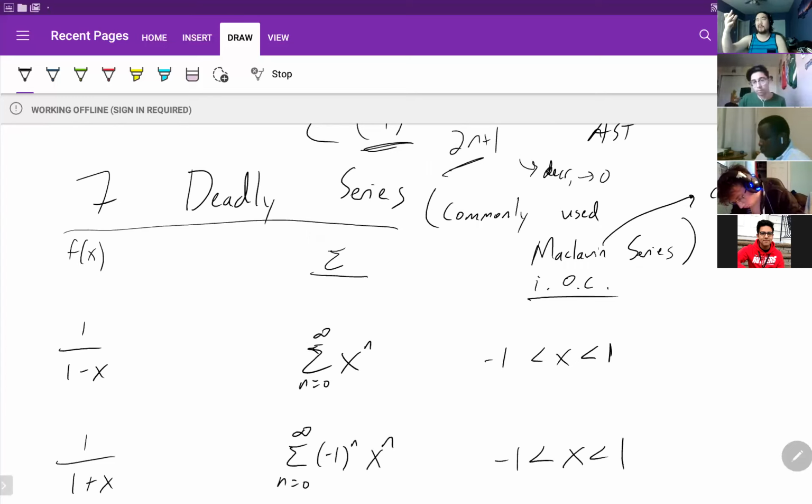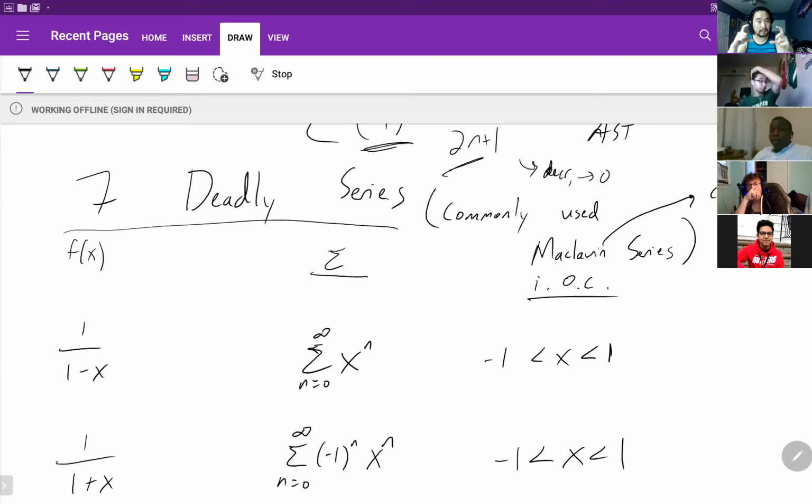Another way to explain what a center is, you can think of it like a camera, right? What we're doing is looking at snapshots of functions. For the 1 over 1 minus x, remember when I showed you the graph, and you saw that it only converged from -1 to 1?